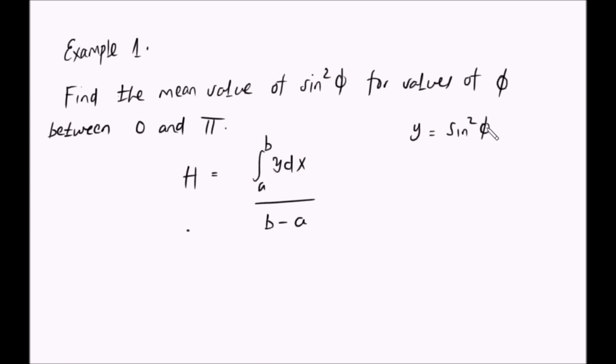Phi, hii ni phi. Hii theta ni phi, but don't worry, just understand the calculation. Manake sasa y now is not a function of x, is a function of phi. So we're going to replace kwenye formula yetu, replace x with phi. So phi inaanzia kwenye 0. Kwa hiyo hapa x inaanzia kwenye a. So a yetu hapa ni 0 hadi kwenye b, manake b yetu hapa ni pi.